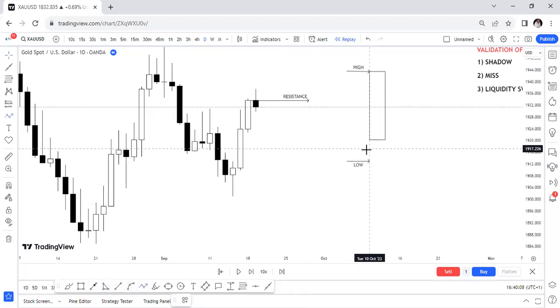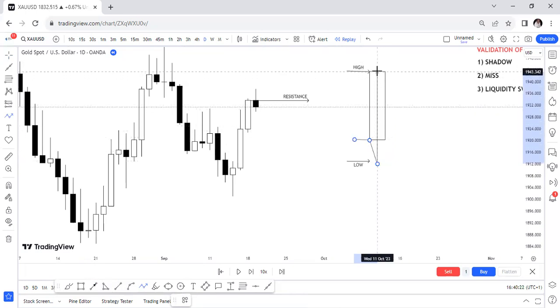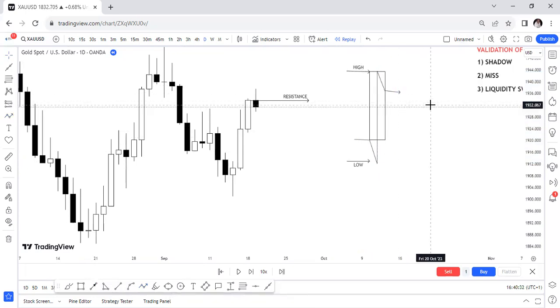So it opens here, comes down to form the low, then starts moving higher above the opening to form the high of the day, or of that trading week. It will then come down to close below there in order to be a bullish candlestick.